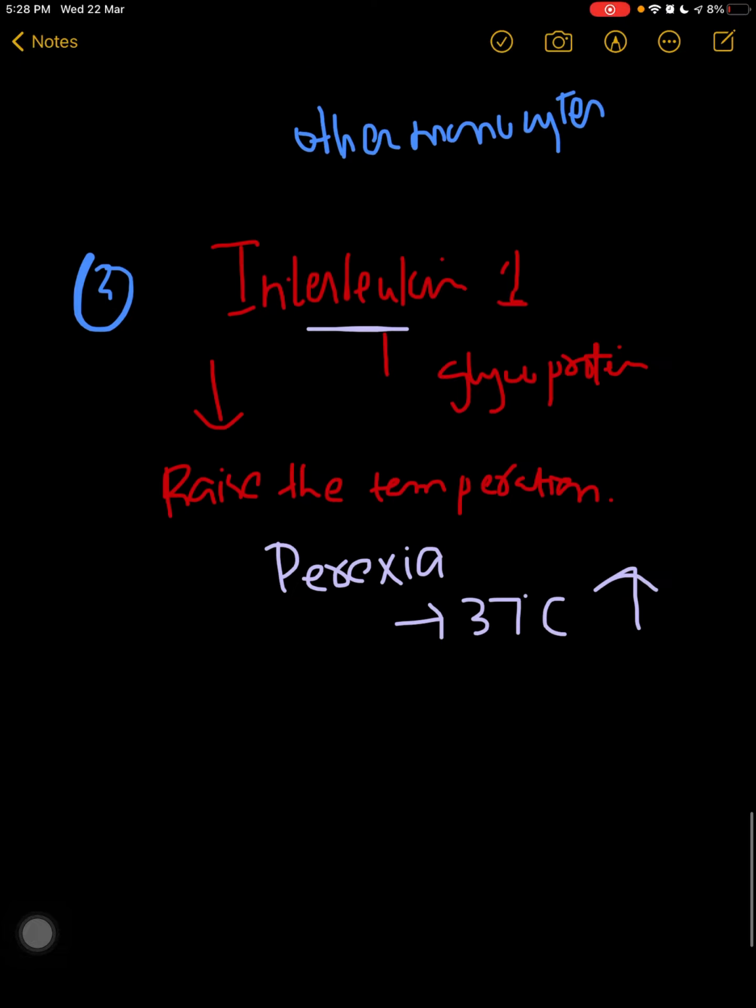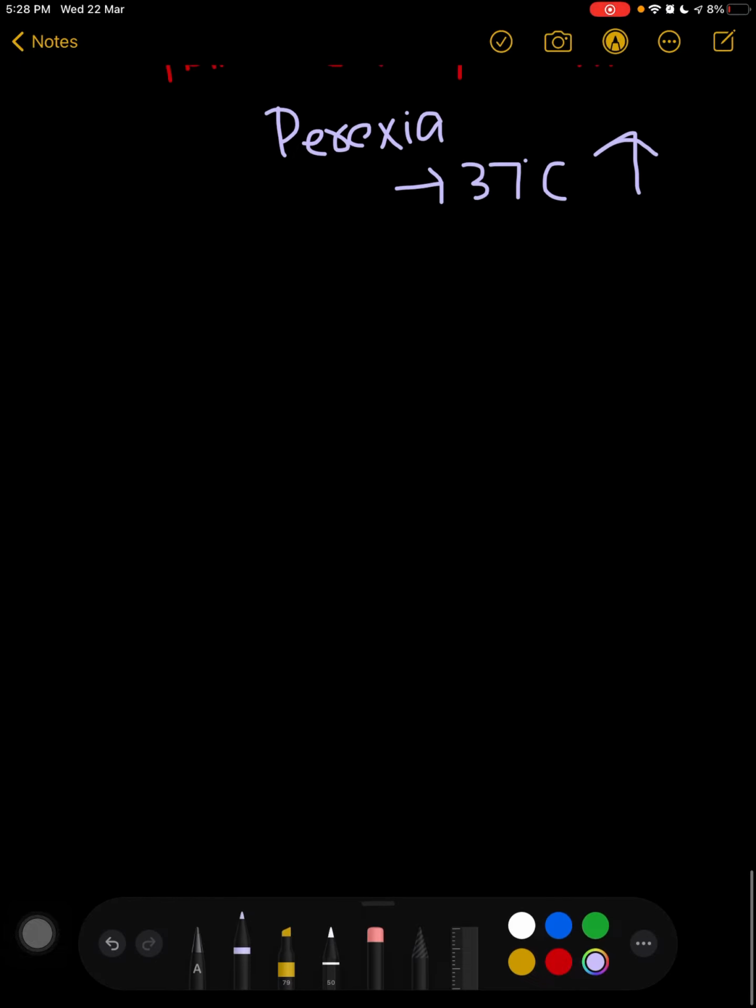Now let's move towards the dendritic cells, right? Basically, when the monocytes get mature, they turn either into macrophages or into dendritic cells, right?